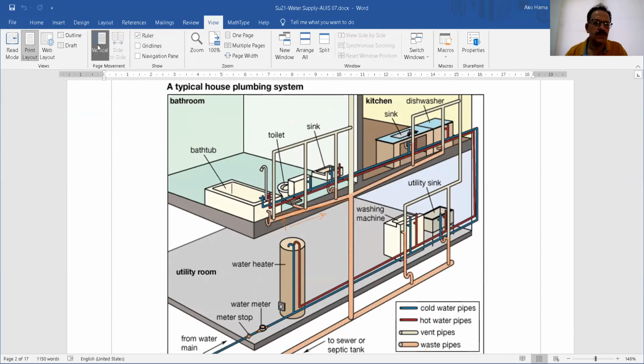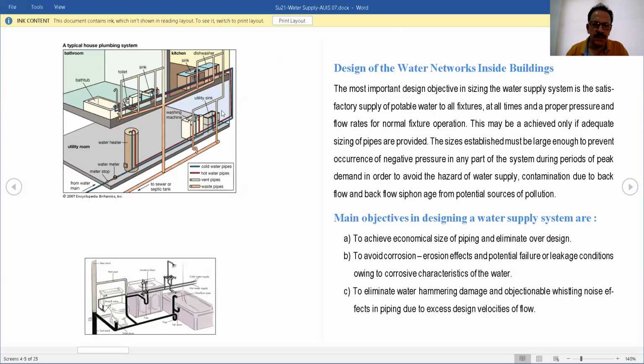I'll show it to you. You can see here the main, typical plumbing system. We have a boiler here, and here we have a washing machine.